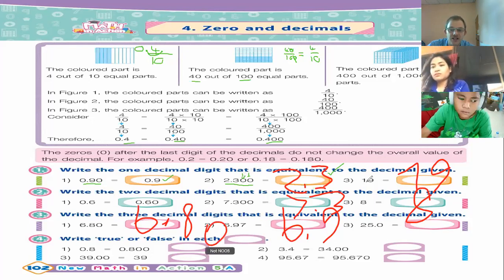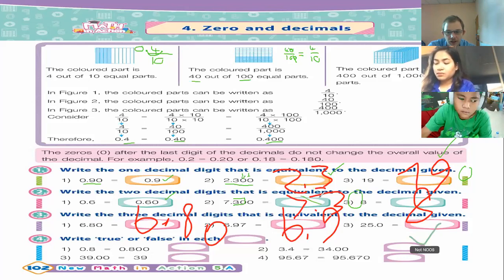19 as a decimal is 19.0, but this one is correct. What about 0.6? If you write 2 decimal digits, 0.60, this will be 7.30, 2 decimals, 7.30.